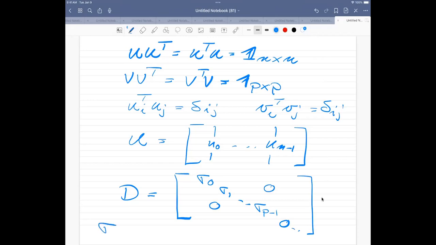You can decide whether you want to have them as an ascending series or as a descending one. This is up to you how you sort them. Actually, these are called singular values. So it's pretty common to sort them like this: sigma_0, sigma_1, etc., up to sigma_{p-1}, and they are all larger than 0. So that's a very important property here.